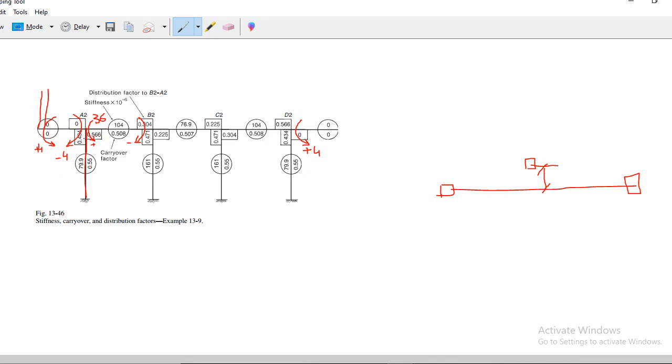You have to do the same procedure as in those lectures and find the moment for this column, similarly for this column, and for this column, which is the unbalanced moment.